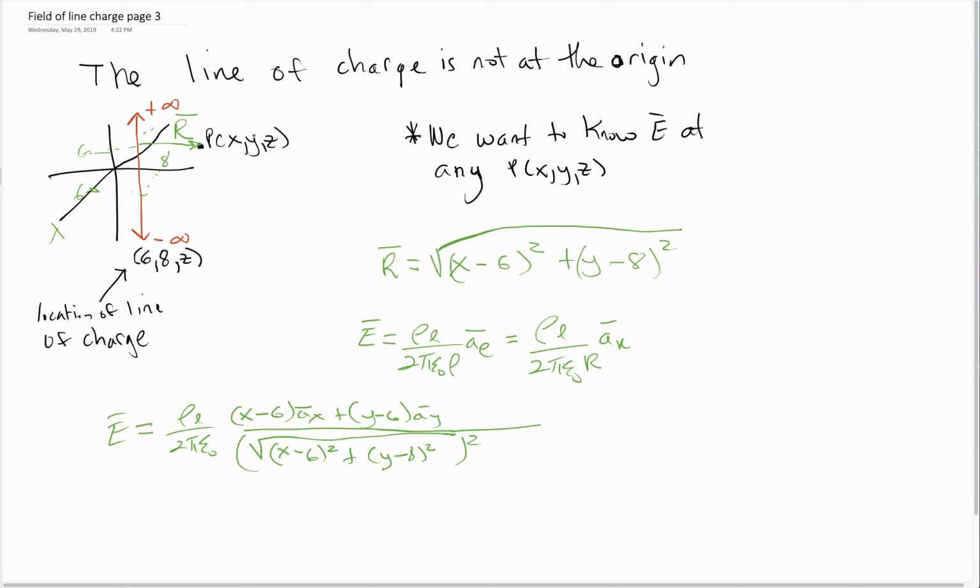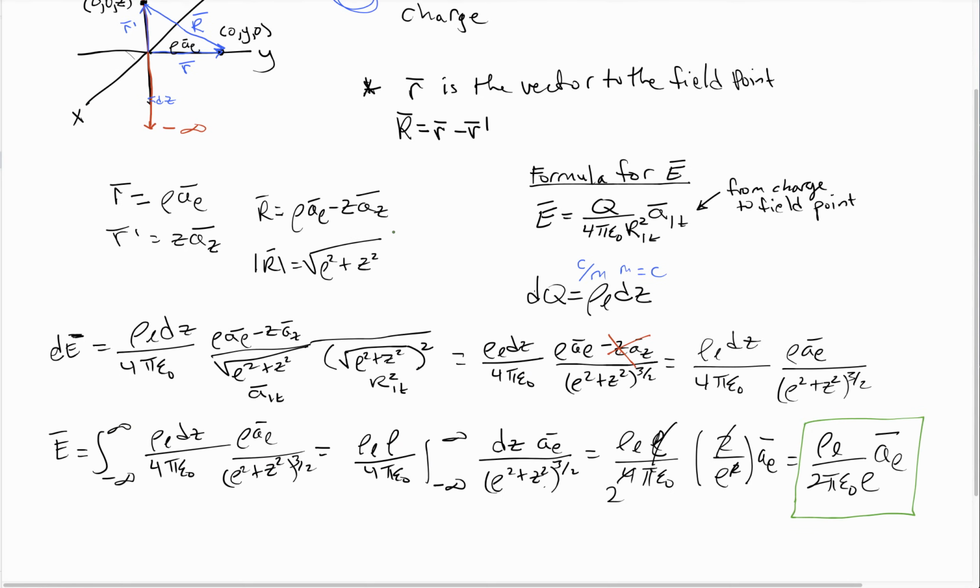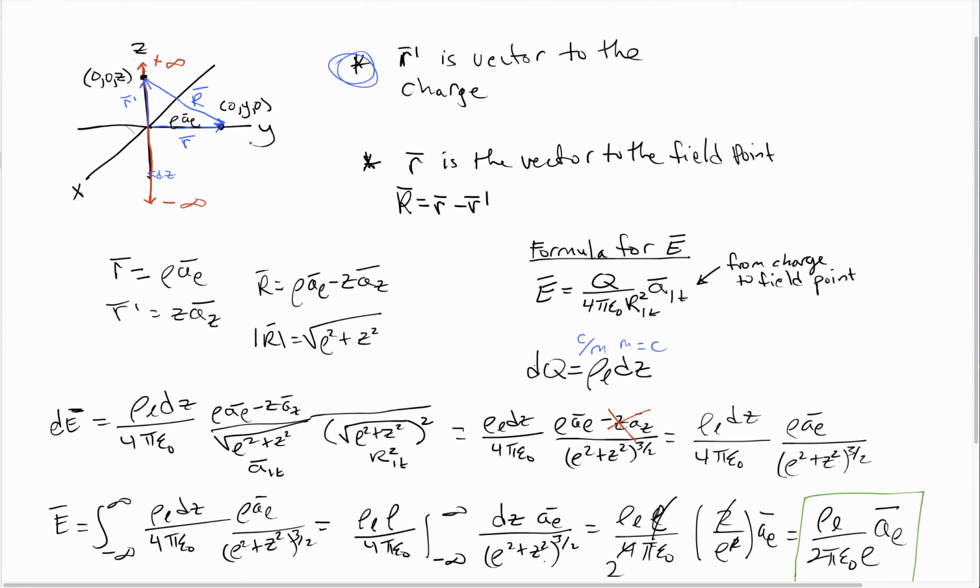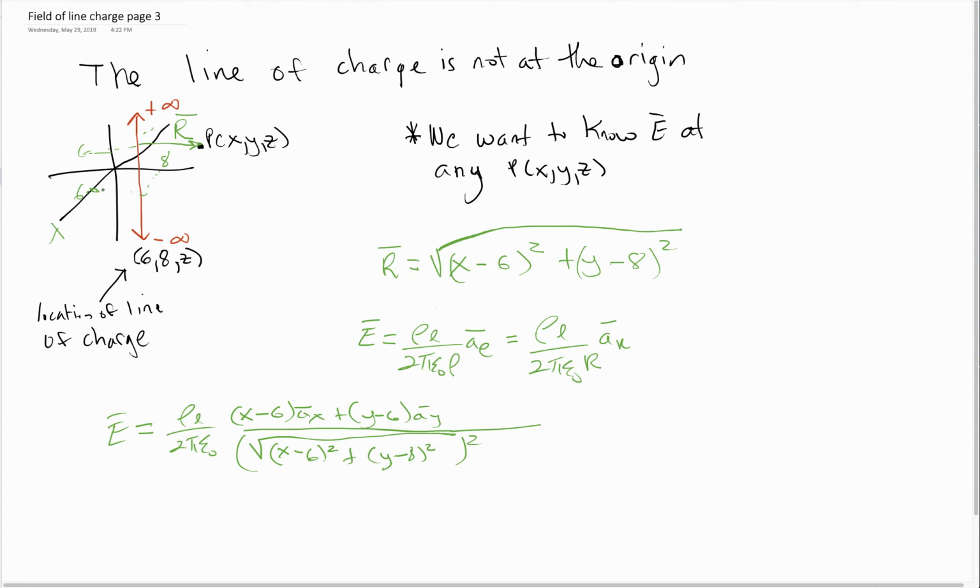And then we just take the field point minus the charge, which was what we did right there. The field point minus the charge, and the charge is at 6 and 8. So we have the field point x, field point y minus the charge.